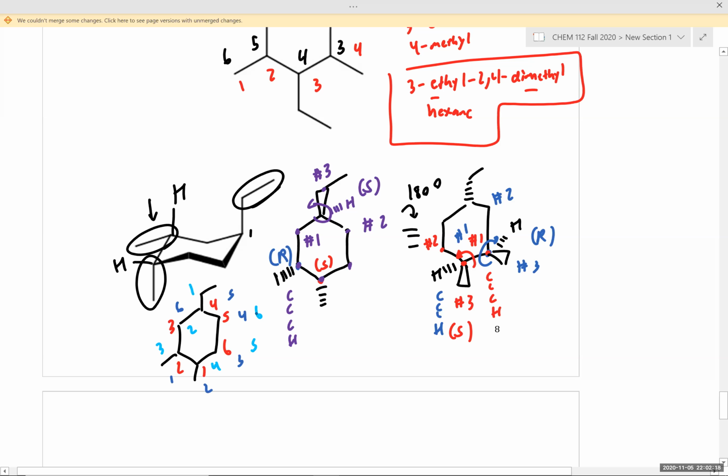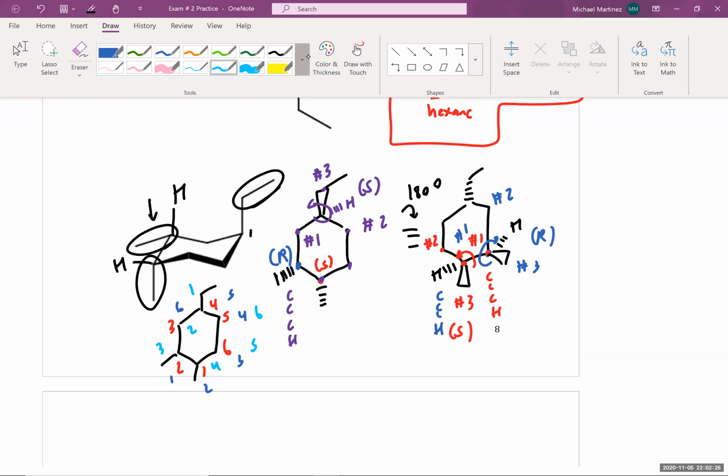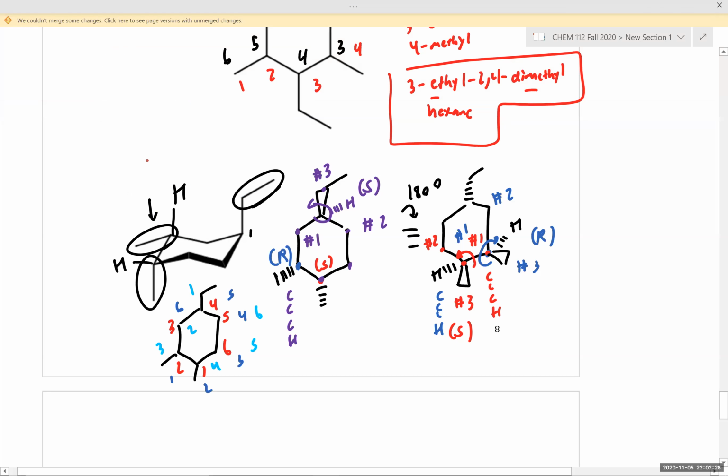Which method is preferred? Light blue, dark blue, or red? Red, yep.